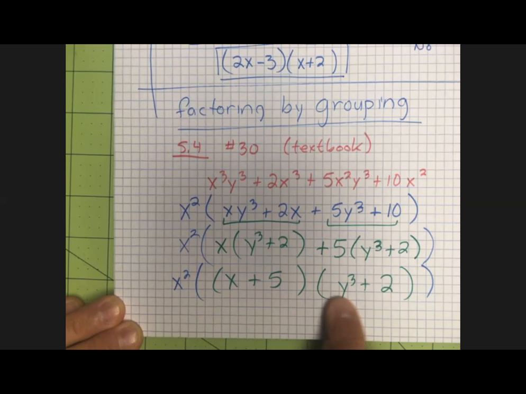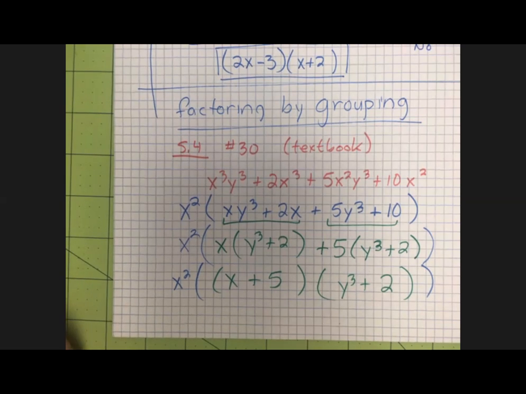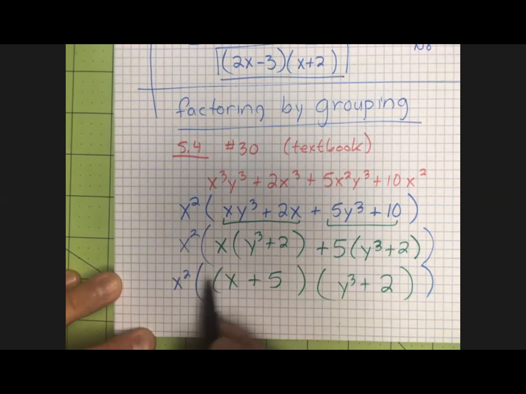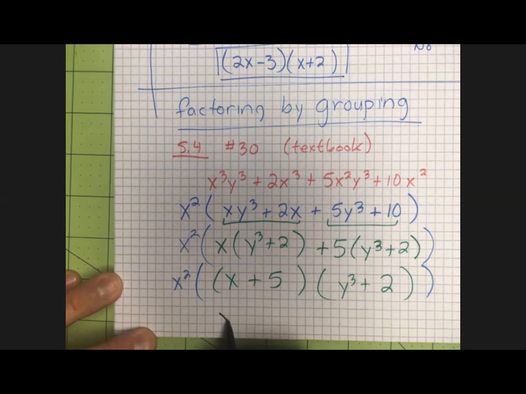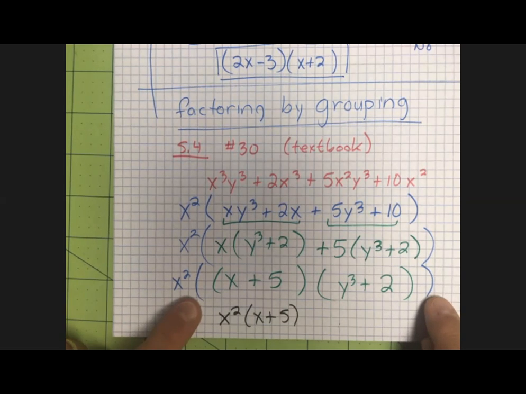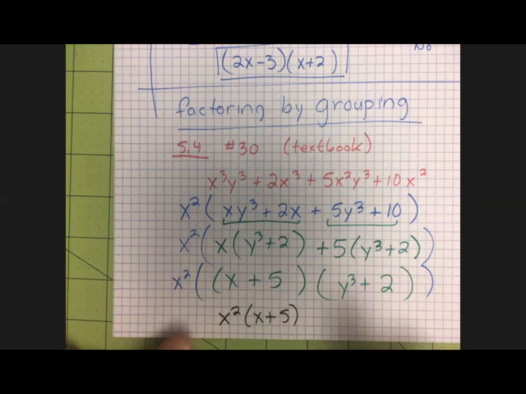Now I've broken it down as far as I can so far by grouping. Factoring out the common factor, get the x squared. Factoring out the grouping, get the y cubed plus 2. This is now x squared times x plus 5. I don't need all these parentheses. These extra blue ones I don't really need now that I'm done with the insides.